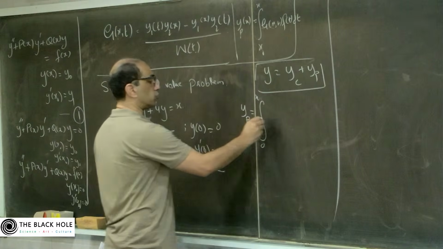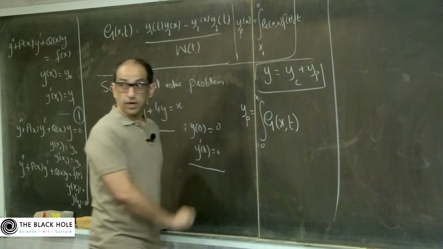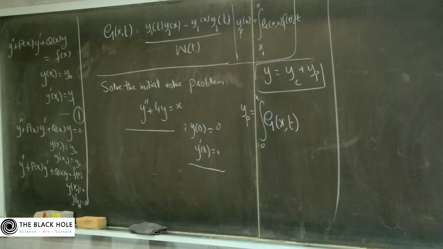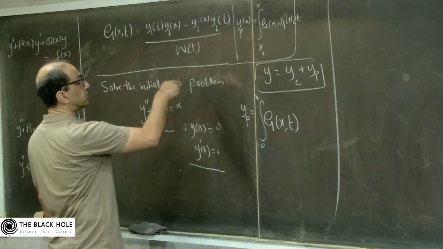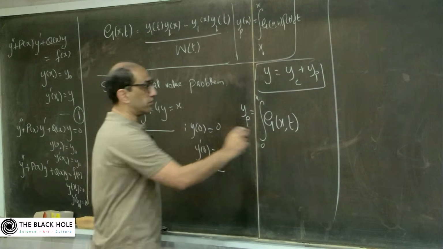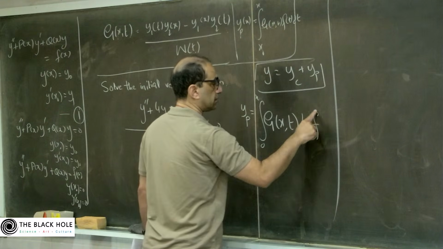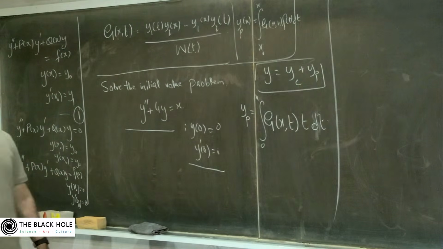Now all that I need to do is to solve the associated homogeneous part to write down this g of xt and replace this input function by t dt.